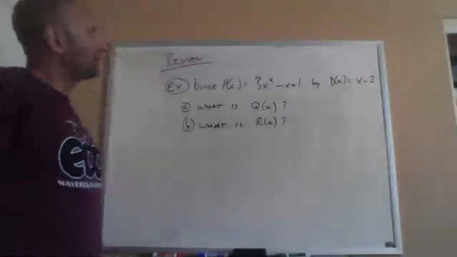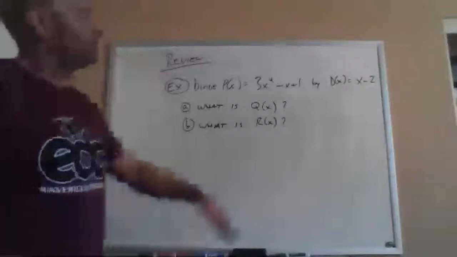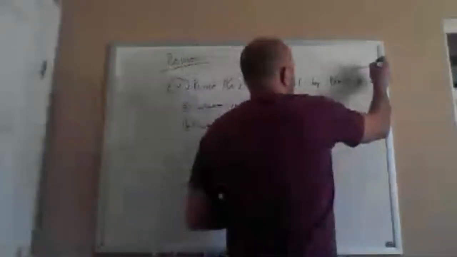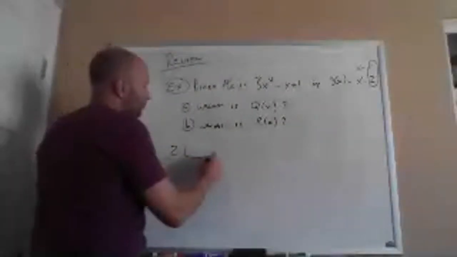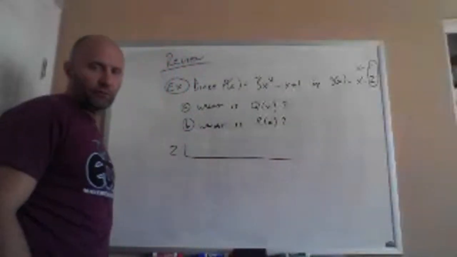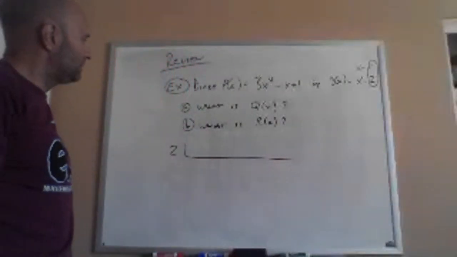All right, so with this one, we can do it by synthetic division because this is a minus C. And in this case, remember, it's the opposite of what you see. You see minus 2, so positive 2 is going to go on the outside of our synthetic division method.